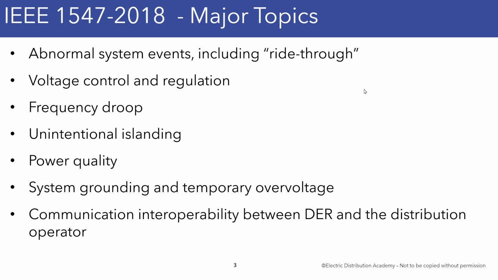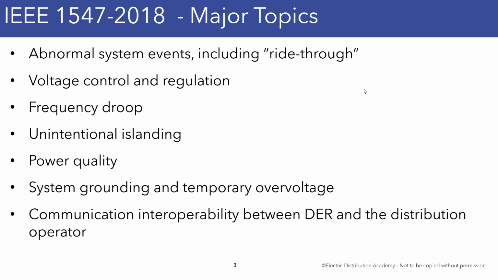Voltage control and regulation pertains to the voltage control on distribution, and DER has had increasing impacts on distribution system voltage, and 1547 specifies different capabilities that DER, including solar PV, needs to have with respect to helping with the voltage control and regulation.